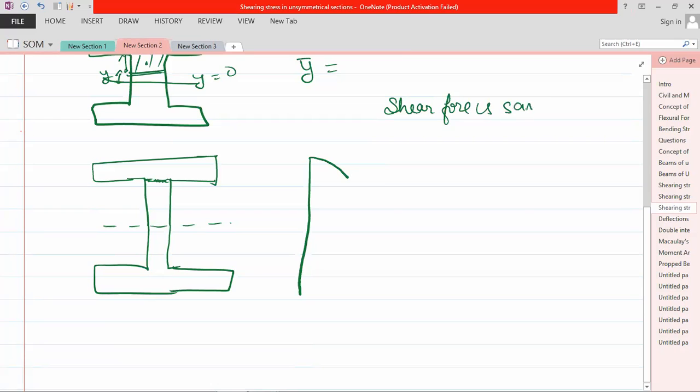That means tau 1 into a1 is equal to tau 2 into a2. Now the area here is large and here the area is small.